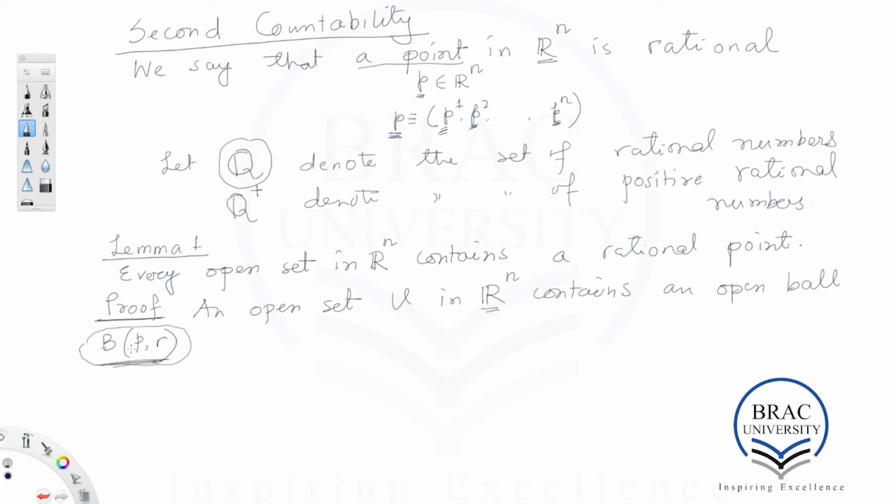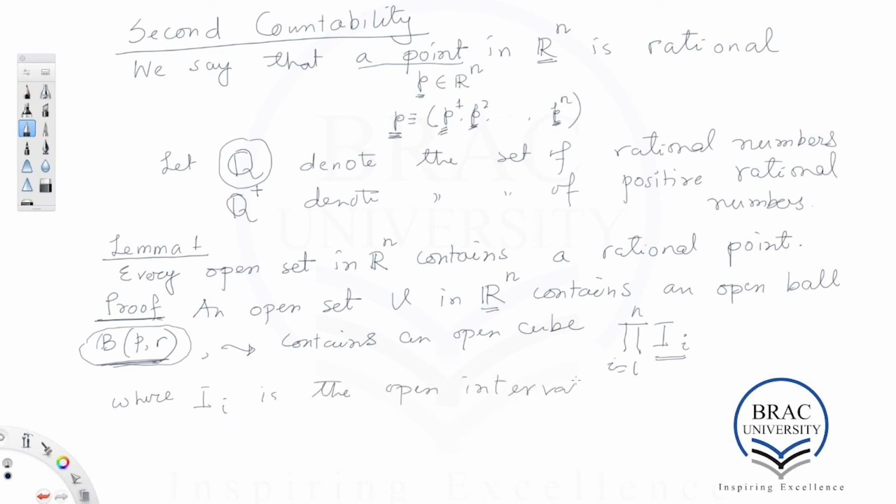And this B(P, r) in turn contains an open cube, where the side of this cube I_i is the open interval (p_i minus r over square root of n, p_i plus r over square root of n).